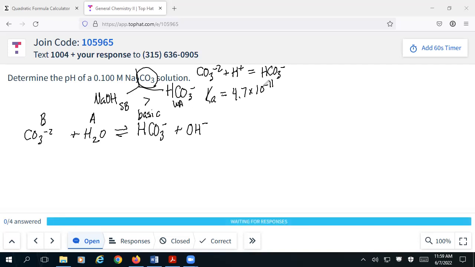Since our Ka value is 4.7 times 10 to the negative 11th, our Kb value is going to be 1 times 10 to the negative 14th over 4.7 times 10 to the negative 11th, which would be 2.1 times 10 to the negative 4th.